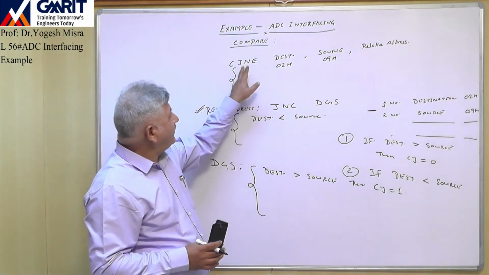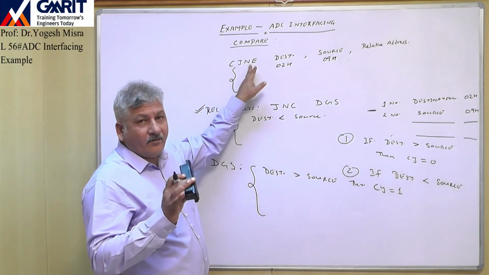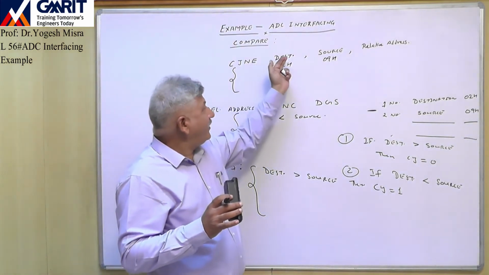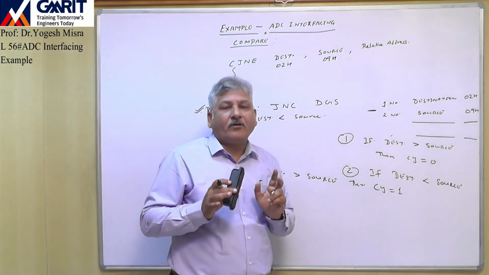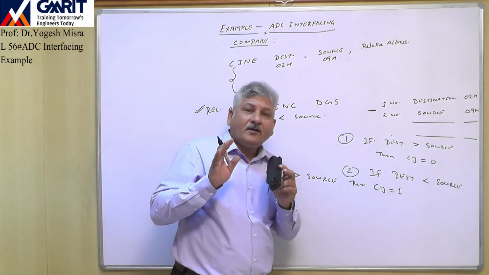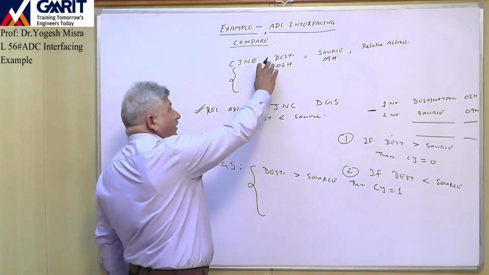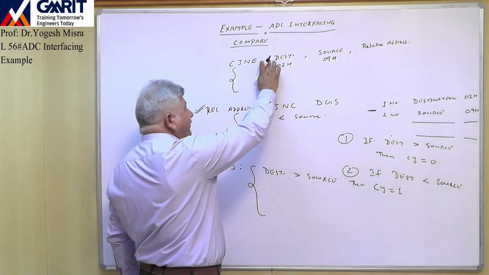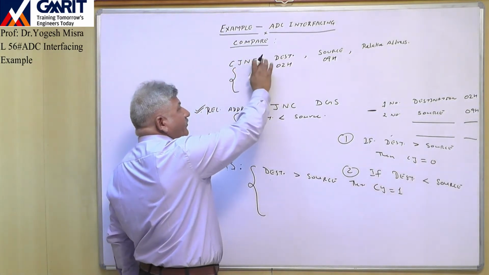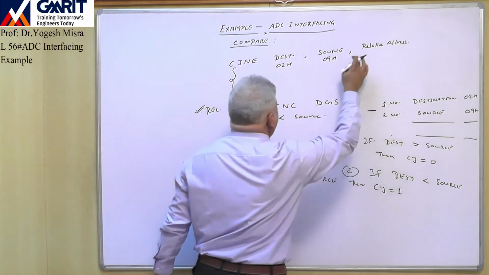But with this instruction, one thing will be clear immediately, and that is whether destination and source are equal or not. If they are equal, then these set of instructions will be executed, because if they are equal, then program sequence will not jump to the relative address.